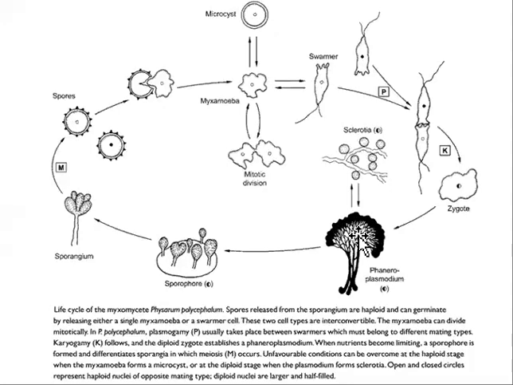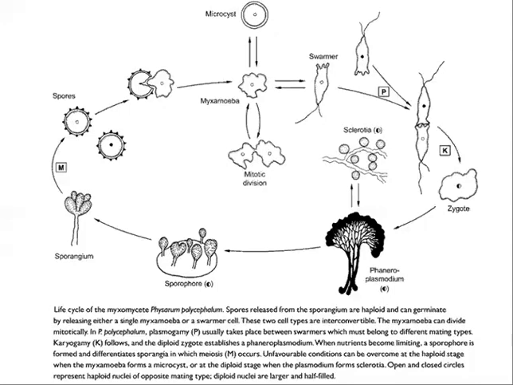If the conditions are favorable, the sporophores are formed. These are the branches that bear the sporangia, and in sporangia meiosis takes place and spores are produced, which are haploid, and these haploid cells then resume their diploid state after the formation of a zygote. So this is all about the life cycle of Physarum polycephalum.